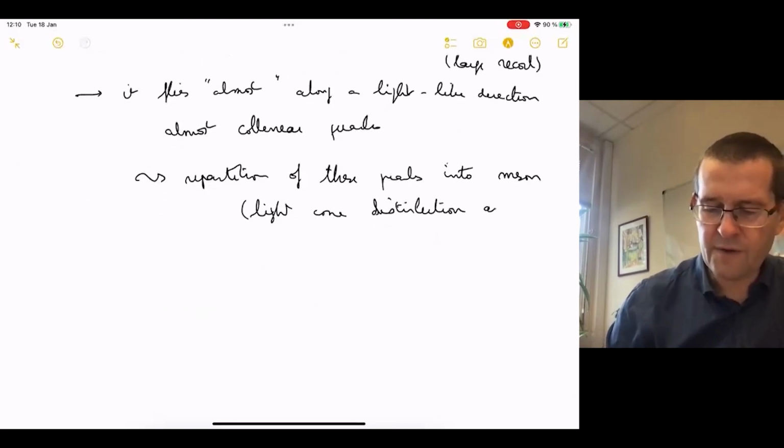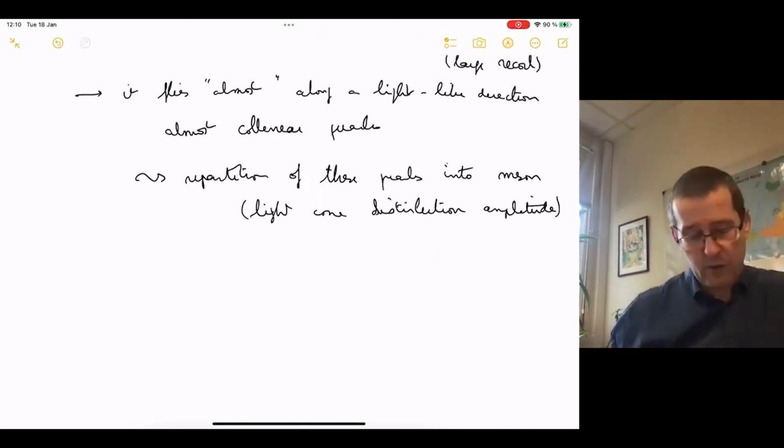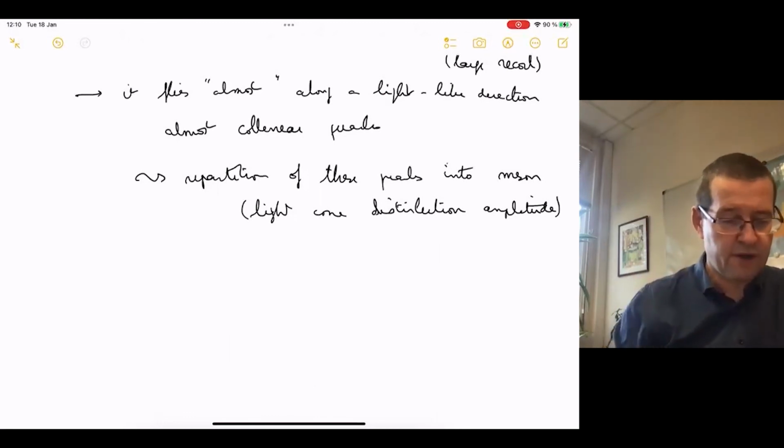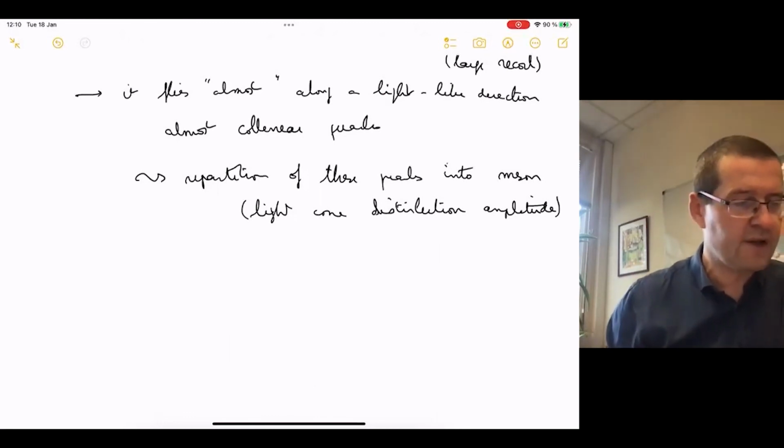And the fact that you've got this configuration with your collinear quarks is actually allowing you to make some simplification in the evaluation. I can come back to that.